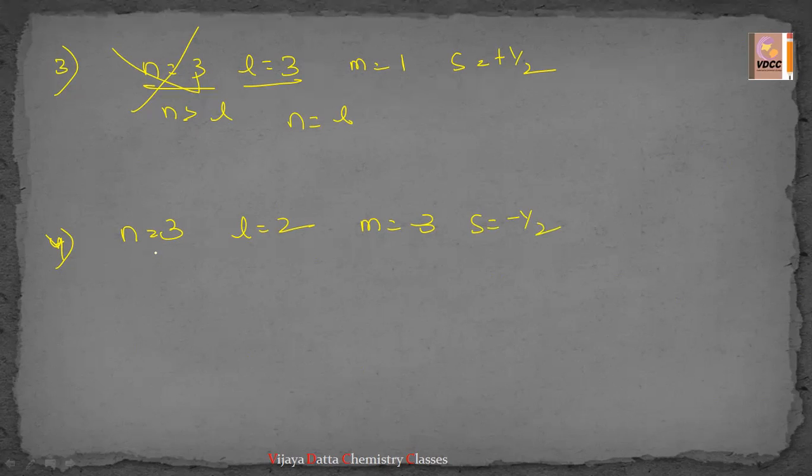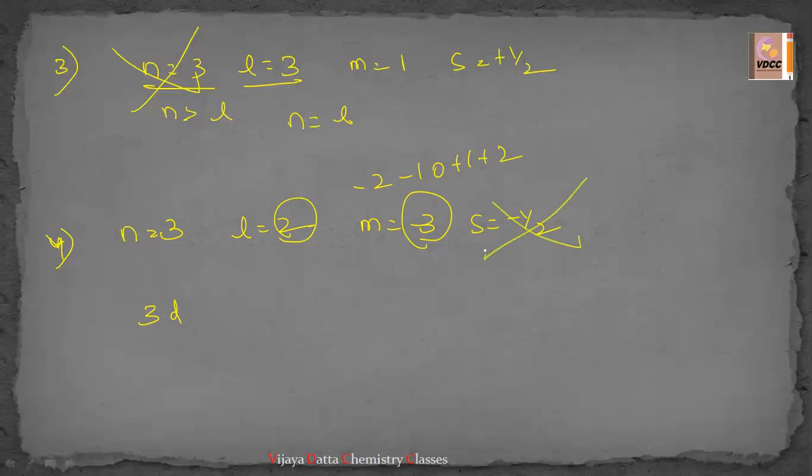Why? n equal to 3, okay, fine. l equal to 2 is d, but the m value is minus 3. m depends on l, and the m values should be minus 2, minus 1, 0, plus 1, plus 2, within the l value. But it exceeded the l value, so this quantum number is not possible. So these are the four types of questions they can ask from quantum numbers.